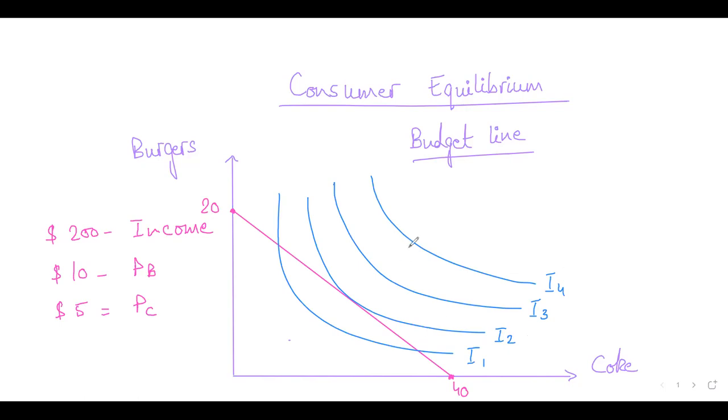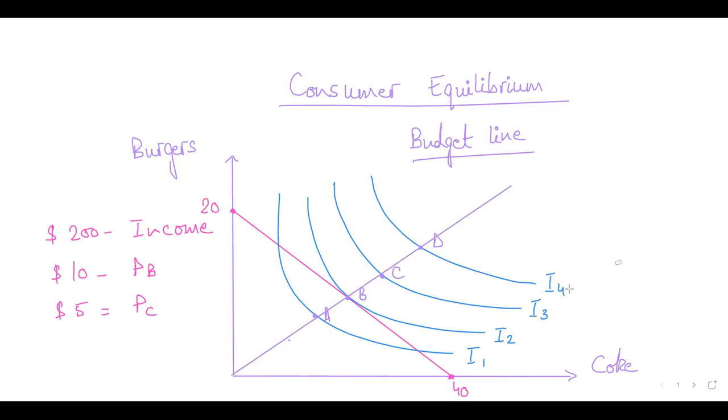So if you look at I4, if I choose 4 points, now think about this, students. Listen to this carefully. Let's say I'm choosing these 4 points on these 4 different indifference curves. Let's label them A, B, C, D. Now, which point out of these 4 gives you the highest combination of the 2 products?